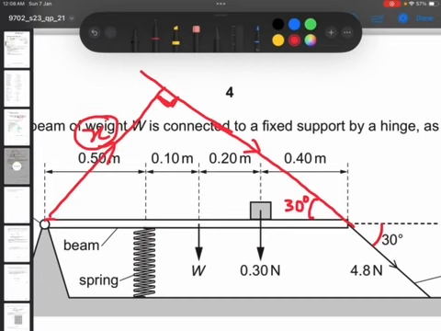Now, we already know this distance from here to here, it's 1.2 meters. And we have a right angle triangle here. So the distance x is opposite to the angle 30. So we want to find that opposite, and we have a hypotenuse of 1.2.